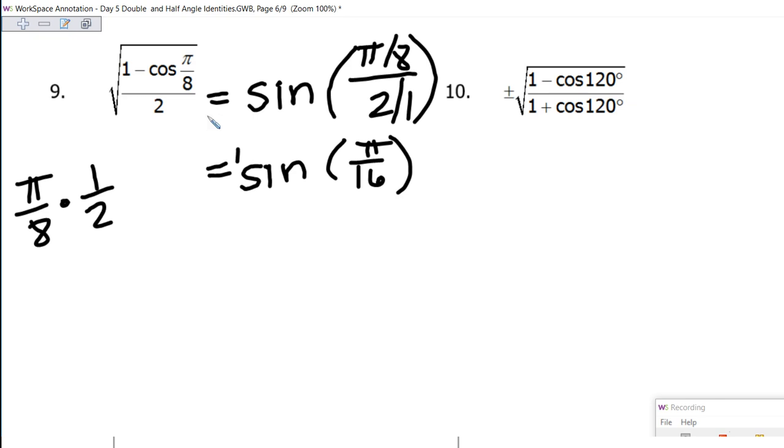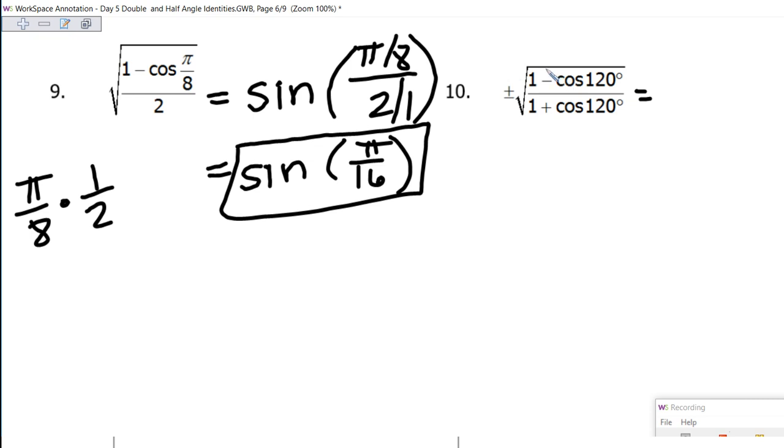And the last one for this example, we have problem number 10. For number 10, notice we have the plus or minus here. So we'll have to decide, will our answer be positive or negative? So let's start. Now notice this one has a 1 minus cosine in the numerator and a 1 plus cosine in the denominator. So would this be sine of a over 2, cosine of a over 2, or tangent of a over 2? Tangent.